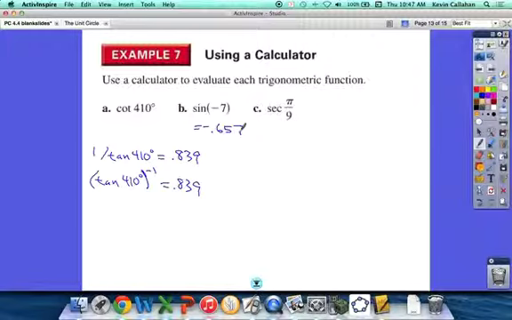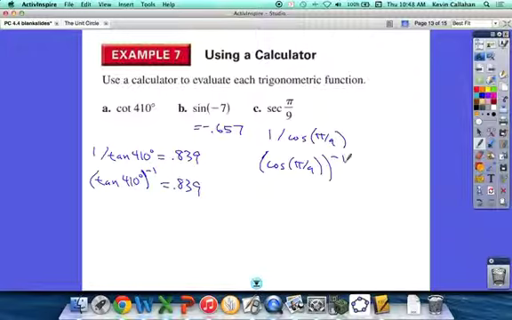And let's see, secant of pi over 9. How are you going to put that in the calculator? One over cosine, right? So either do 1 over cosine of pi over 9, or you're going to do cosine of pi over 9, and then x to the negative 1.